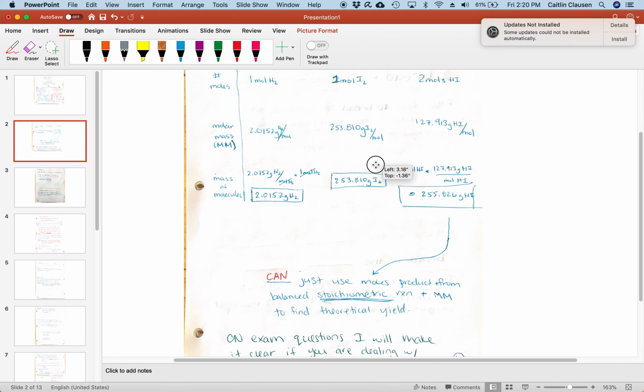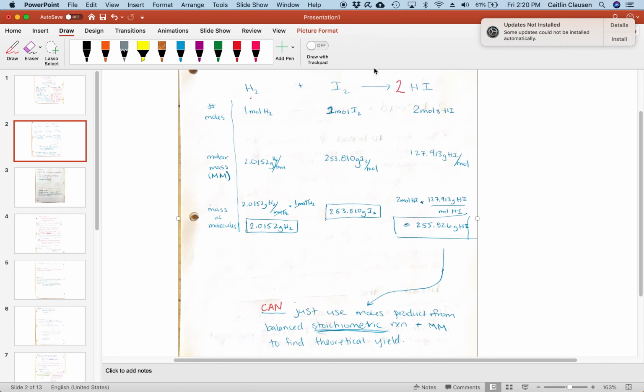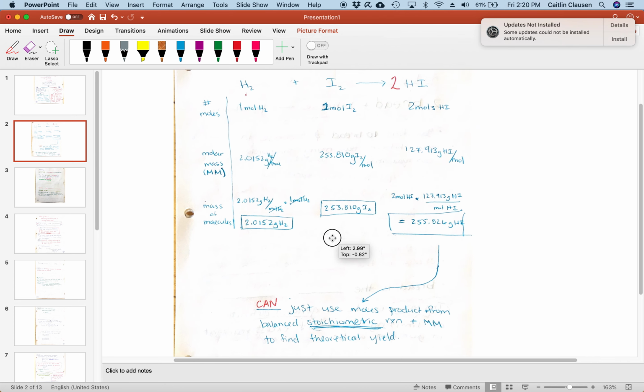So you're basically converting your balanced chemical equation from moles into actual gram amounts, and it's telling you that for this reaction, if I react 2.0152 grams of hydrogen gas with 253.810 grams of I2, that will give me 255.826 grams of HI. It's kind of like reading a recipe.